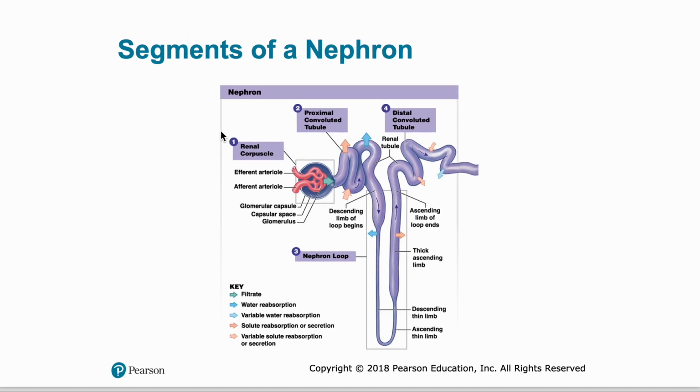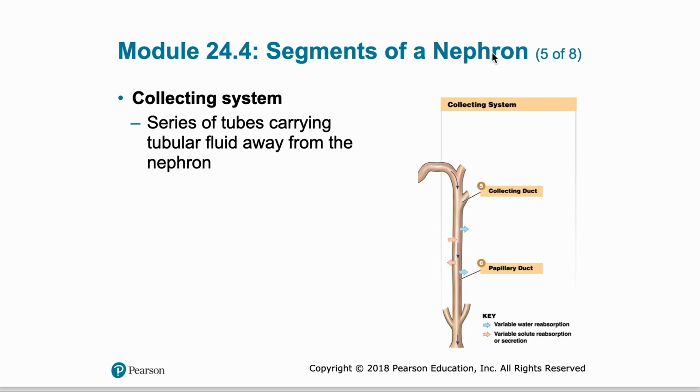So now you can see all the pieces put together. And here is our collecting duct. It is its own special structure as well. So there are a whole bunch of collecting ducts in the kidneys that will drain many nephrons. So they'll have lots of urine entering them. And eventually the collecting ducts become papillary ducts.